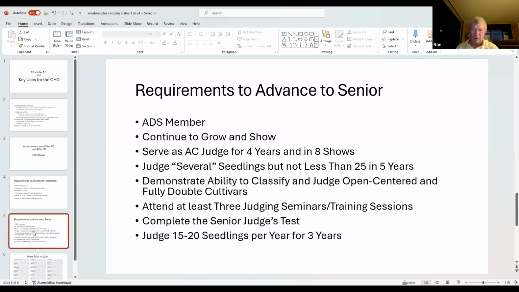Here's the requirements to advance to senior. You have to be an ongoing member, need to continue to grow and show. You have to serve as an AC judge for 4 years and in at least 8 shows. I got a kick out of the rule says judge several seedlings, but not less than 25 in 5 years.